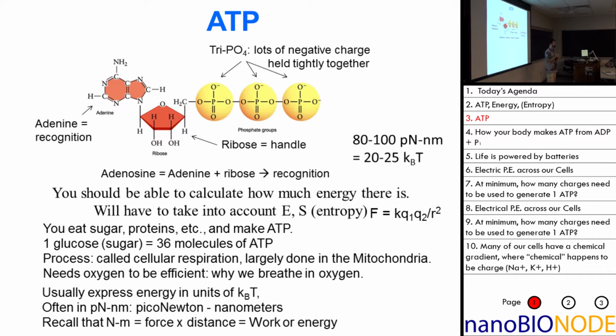So any idea what the efficiency is? 30%, that's right. 20 to 30%. In contrast, these are like 75, or in fact today I'm going to tell you about one that is essentially 100% efficient. So these molecular motors are really efficient.